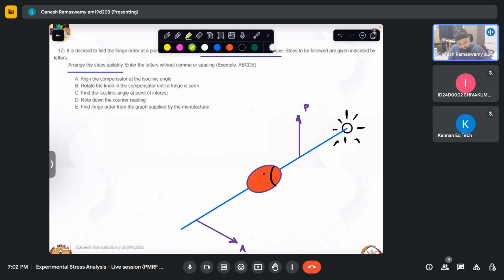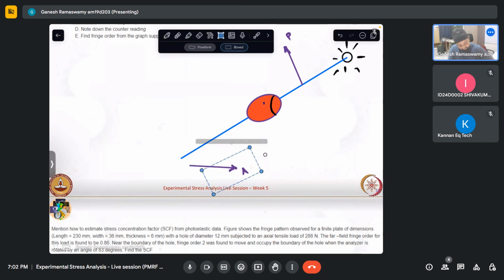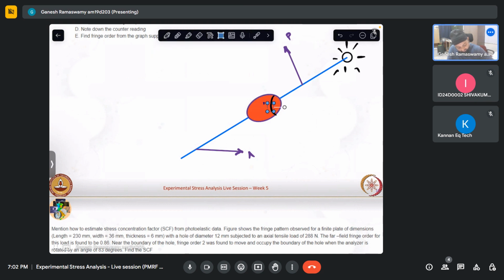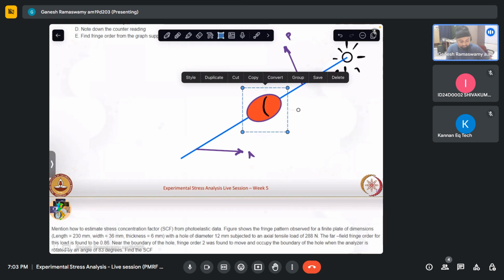So what I do is I rotate the crossed combination such that the fringe now passes through this point.